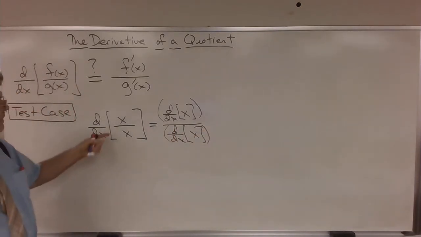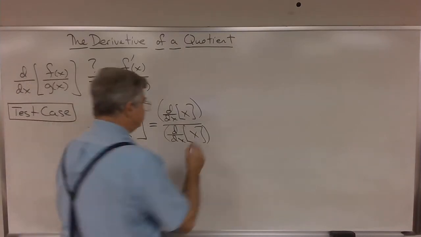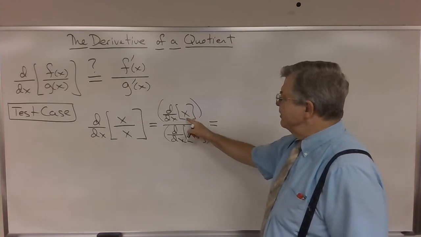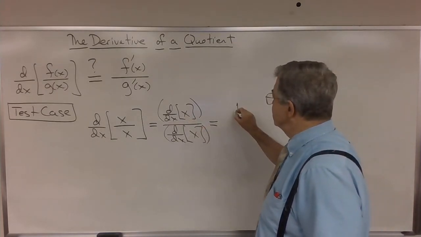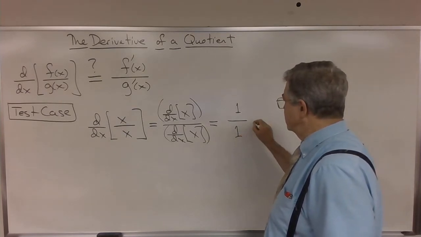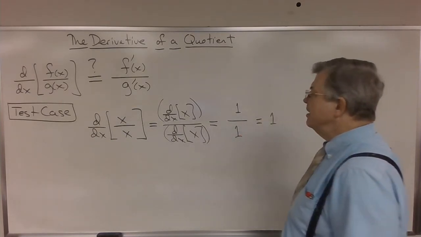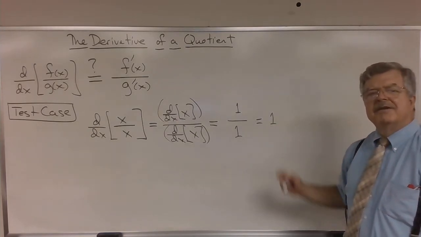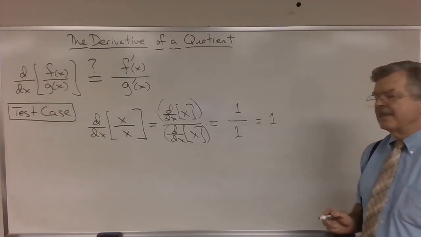And we have the derivative of this quotient. Now let's simplify. The derivative of x is just 1. So our answer should be 1 if our conjecture works.